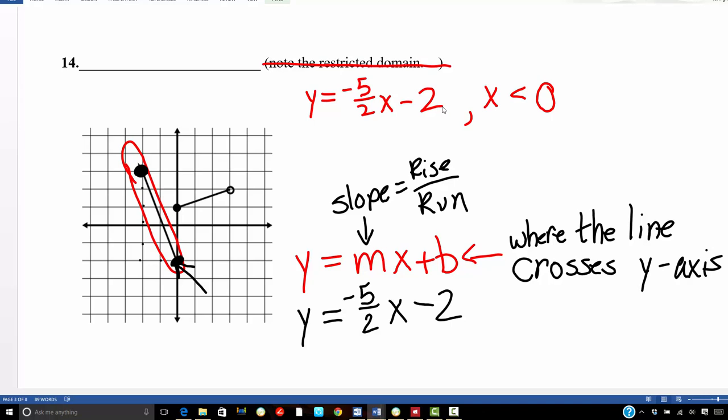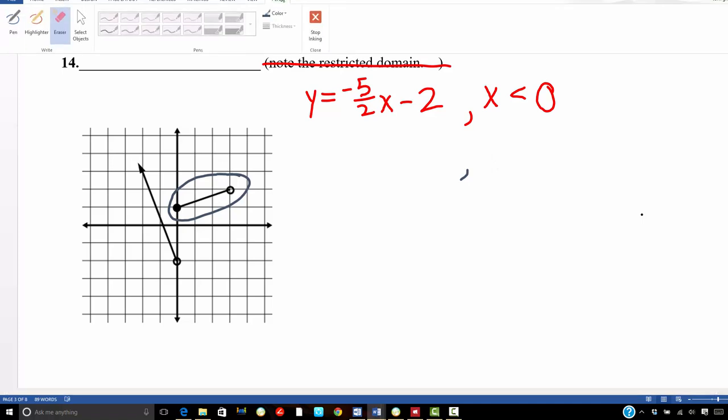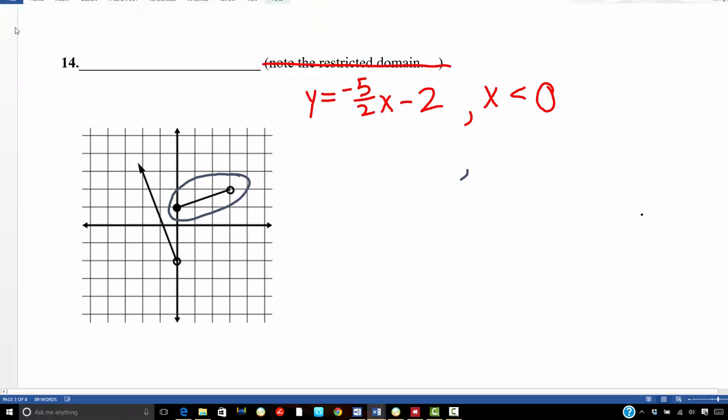So now, secondly, we're going to graph this line. And this one's a little tricky. We want the values for x that are in between 0, and it looks like it stops at x equals 3.